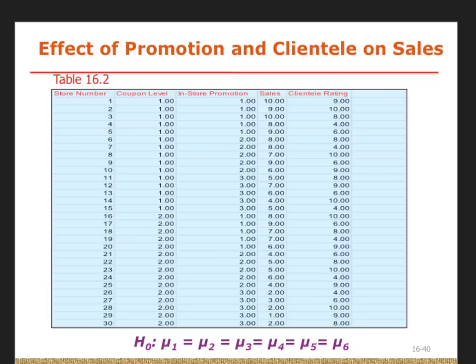What we mean by crossed is that the in-store promotion levels of low, medium, and high each had a coupon level of either 1 or 2.